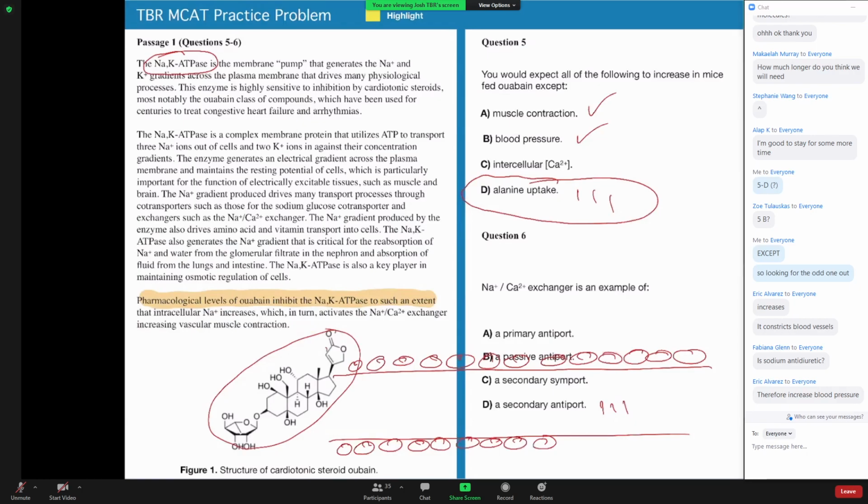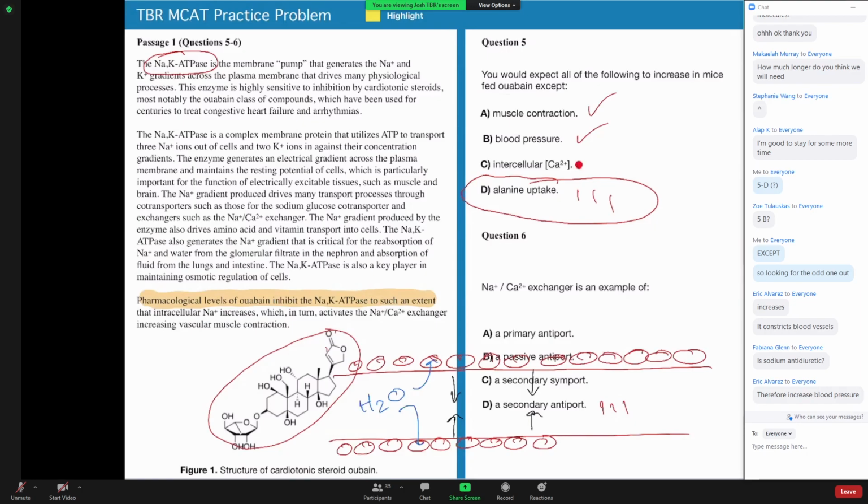Then all that water that's in the blood vessel is actually going to be retained into these cells, increasing their size, which will then narrow the blood vessel. And what that does is it'll increase your blood pressure. So blood pressure checks out.